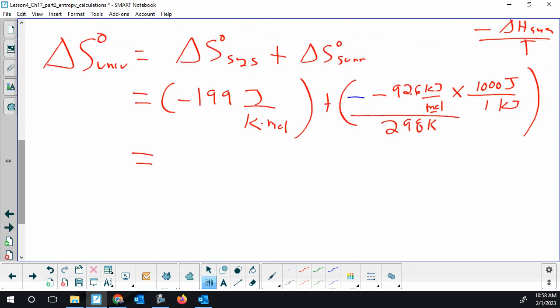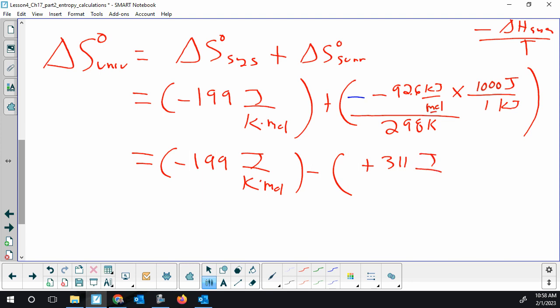done. I want to write the two pieces so we can compare them first. I'm going to repeat this: minus 199 joules per Kelvin per mole, plus a positive 311 joules per Kelvin.